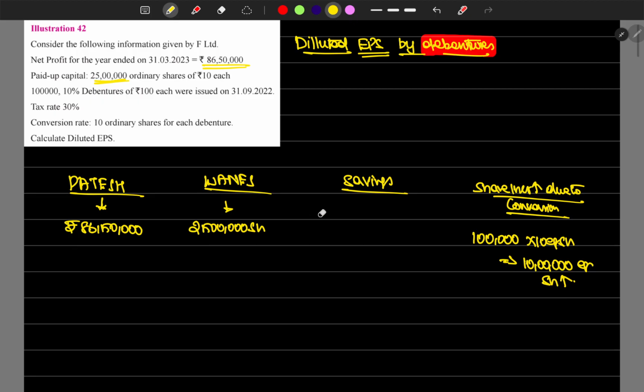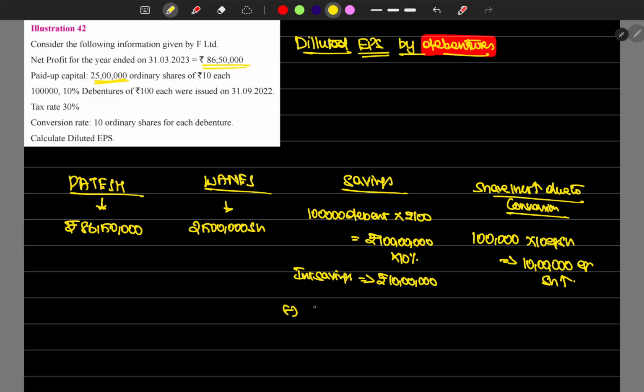So 1 lakh debentures into rupees 10, which is rupees 1 crore, into 10%, which is rupees 10 lakh. 10 lakh is the interest savings, right?